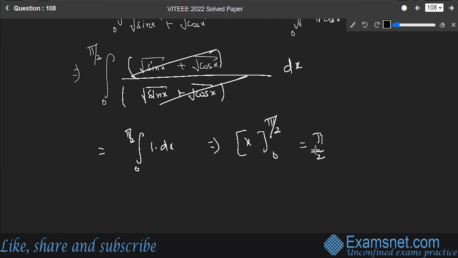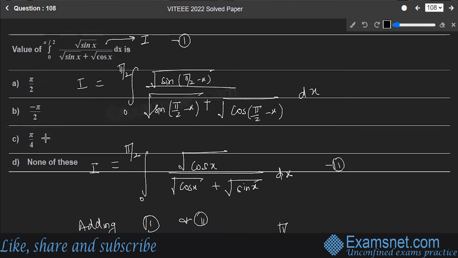So pi by 2 is the correct answer. Sorry, not the correct answer. Actually, this was equal to 2I. So I is equal to pi by 4. Okay, so this is option C. Hope you understood this.